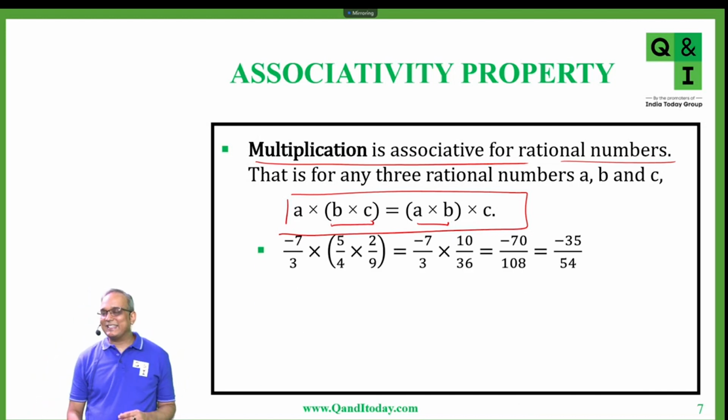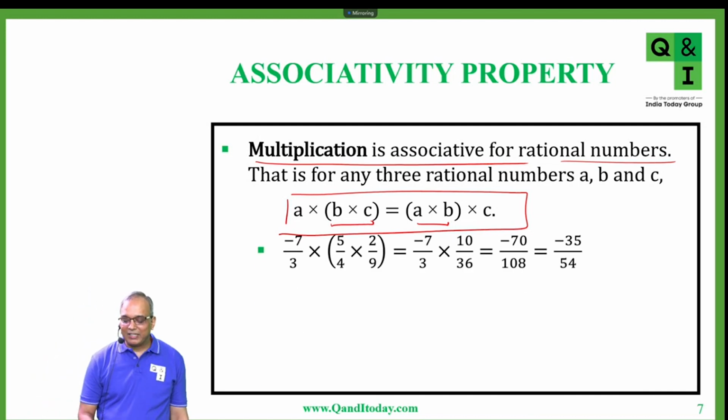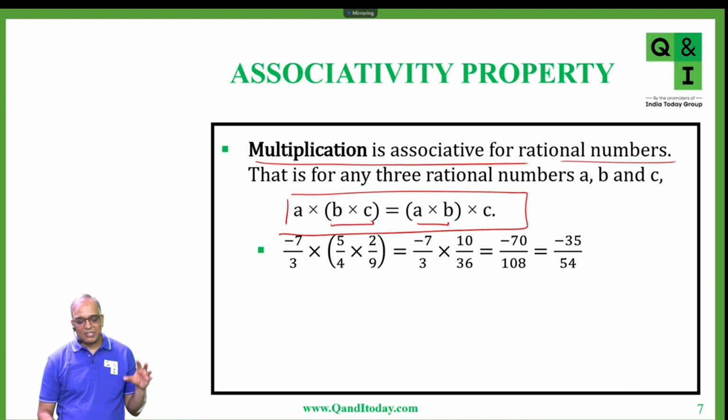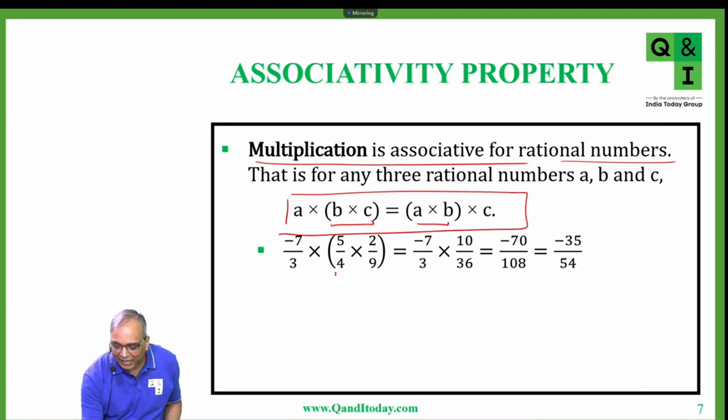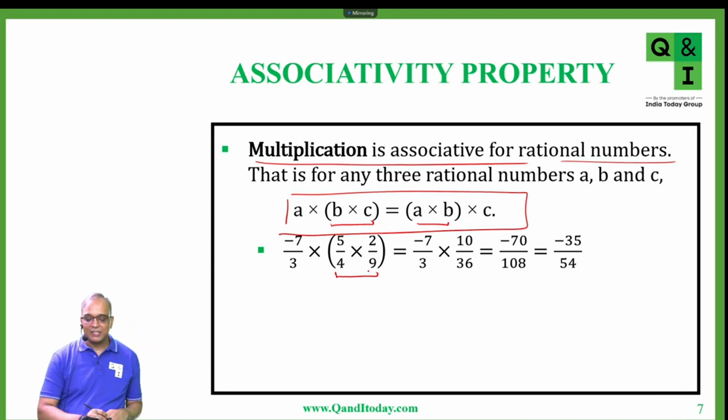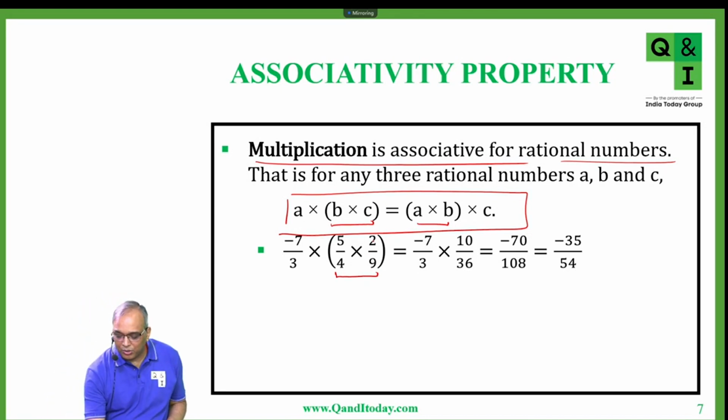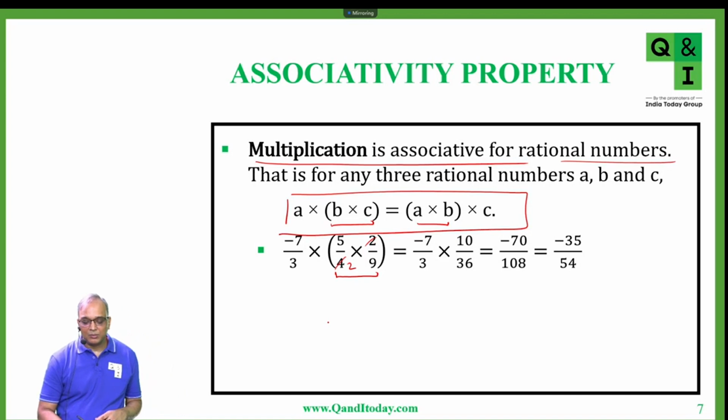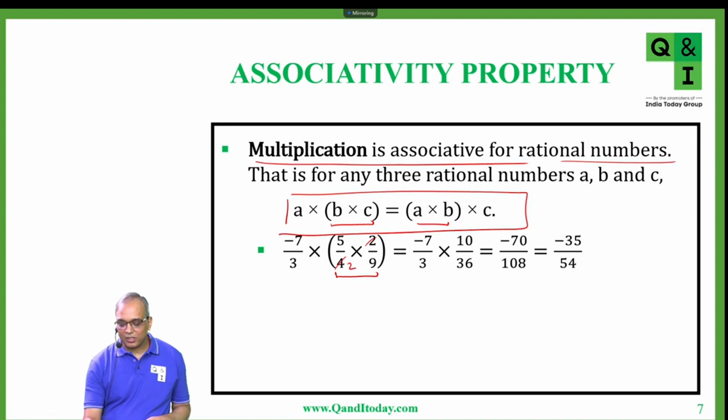Now, if we take this example where you have to multiply three rational numbers, -7/3, 5/4, and 2/9. If we multiply 5/4 and 2/9 first, you know that this gets cancelled. Either you cancel it or you can leave it like that.